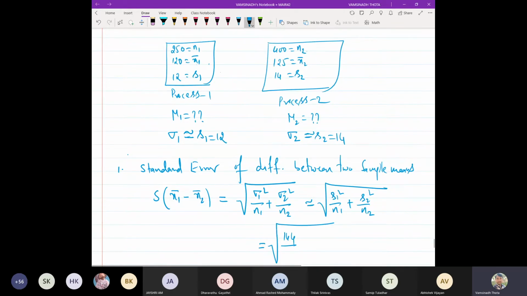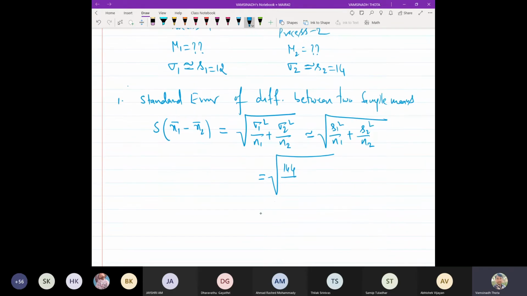What is the size of the first sample? 250. Plus S2 square, 14 square, not 256, I think 196, upon the second sample size, 400, right? So calculate this value and tell me how much it is.